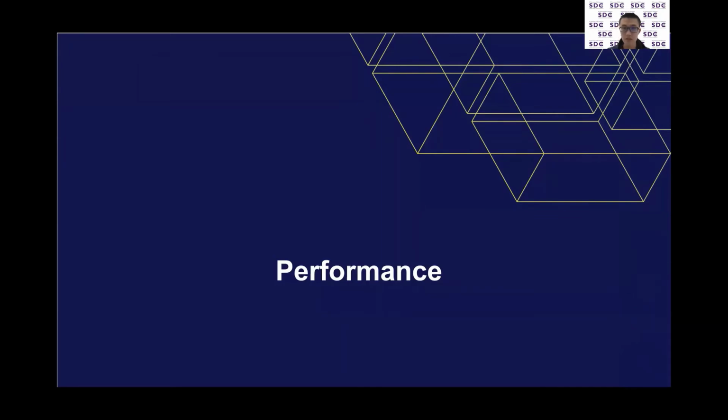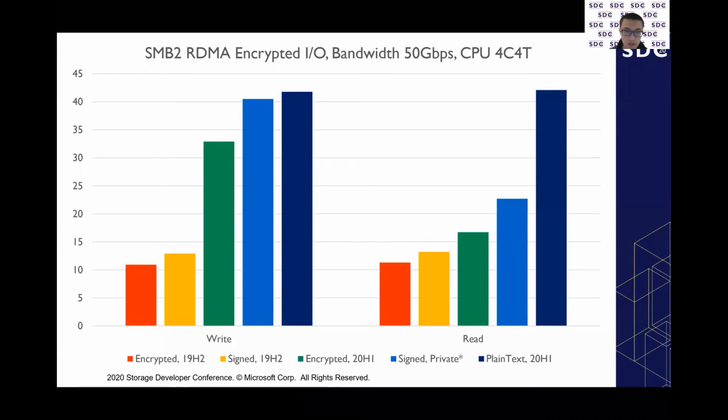Then let's take a look at the performance of this feature. In the experiment, we used 2 machines with 50 Gbps of RDMA bandwidth. We limited our CPU to 4 cores and 4 threads.